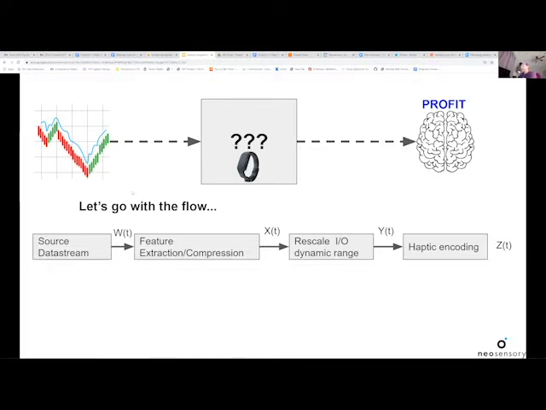Next, you want to make sure that the output of the information you've extracted lines up with your haptic interface and how that gets coded. We'll go into all of this in more detail. The last piece is how you represent that information using these actuators, and what's the most effective way to do that. There are lots of ways to do it.